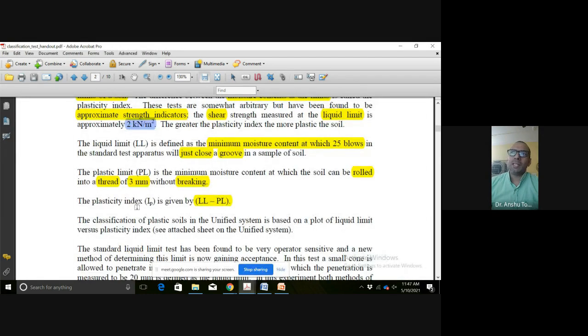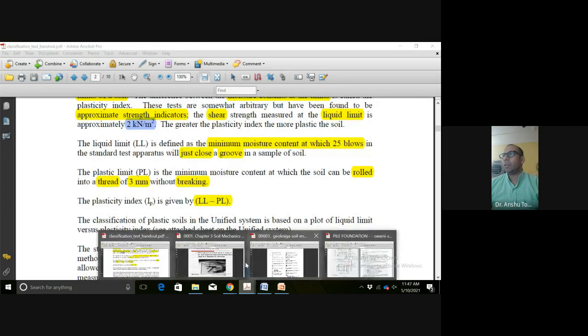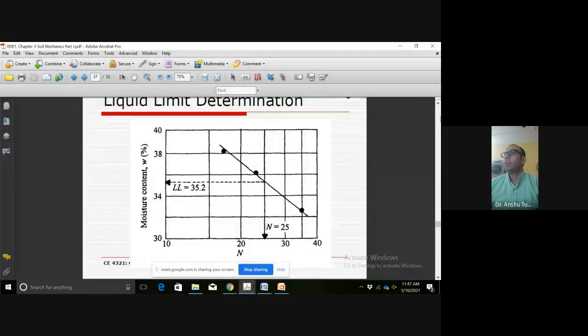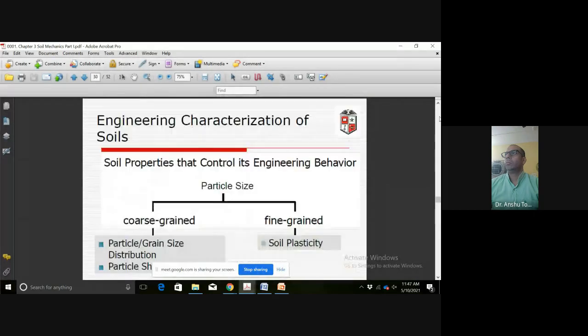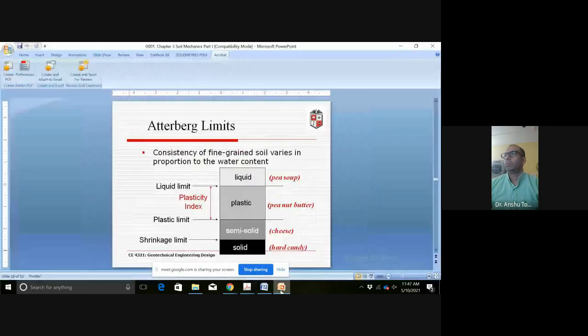Now the plasticity index, now let us go back to the figure here. Now it is shifting. When it ceases, it is shifting to the semi-solid part from here to here.